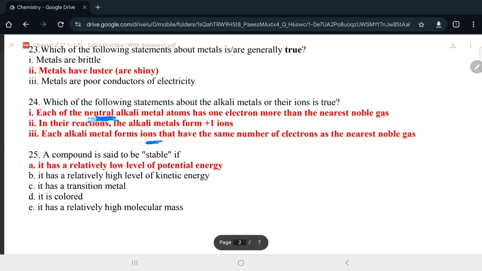We talk about the neutral ones in their pure form. They have one more electron, but when they form ions, that means when they have a charge, they achieve +1, and then they have the same number of electrons as the nearest noble gas. When we say they achieve noble gas configuration, that means they achieve noble gas electron arrangement, so they have the same number of electrons as the nearest noble gas.